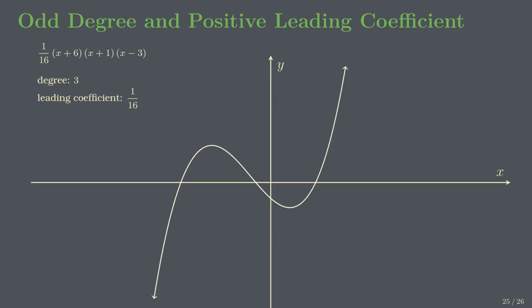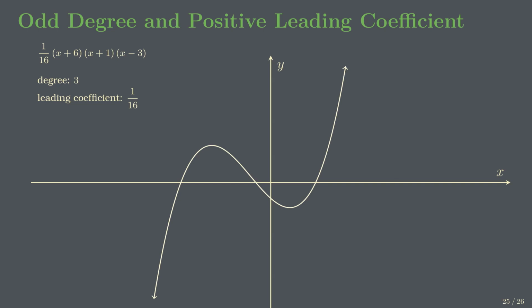Now we will be more precise about the end behavior of polynomial functions. We already mentioned before that the end behavior of a polynomial function depends on the degree and the leading coefficient. Now we divide them into several cases.